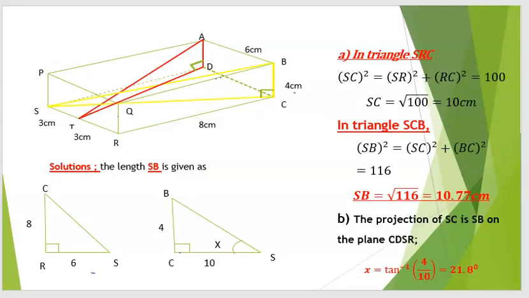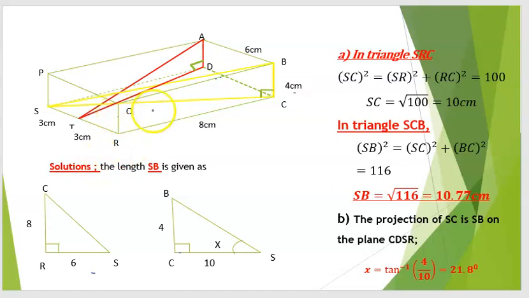The figure provided looks like this, where the length is 8, the width is 6, and the height is 4. SC is a diagonal, and SB is also a diagonal. Remember, T is the midpoint, so this is 3, 3.